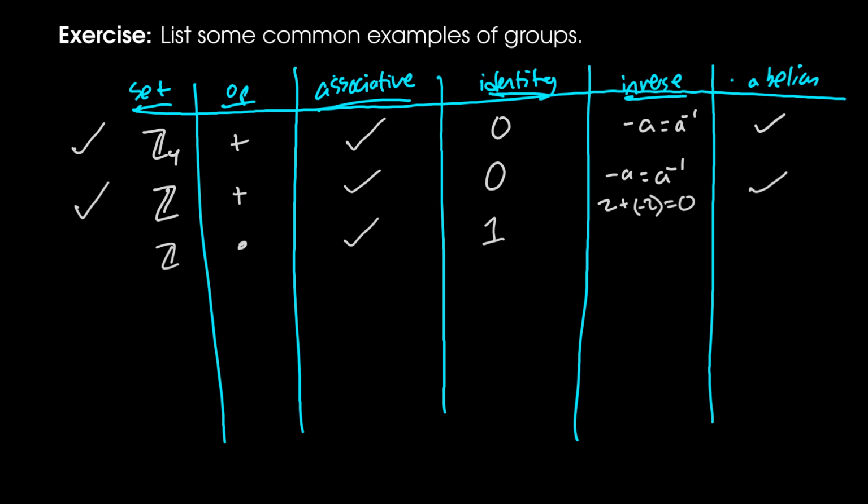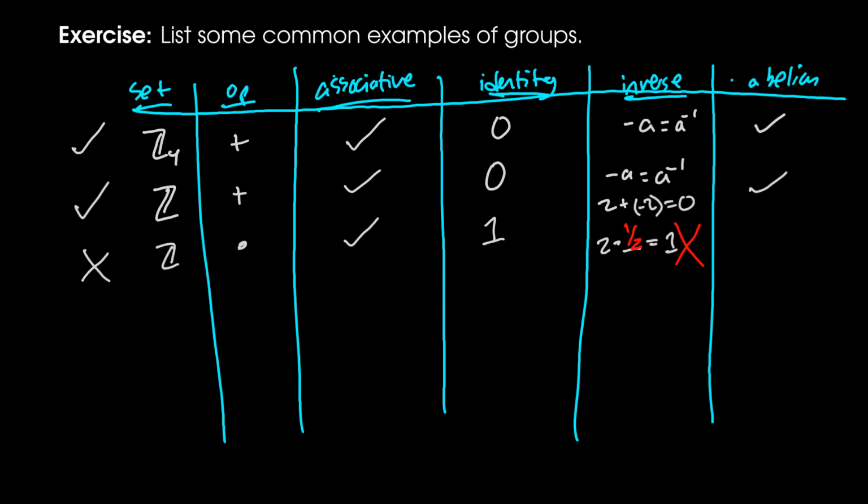However, let's think about inverses. 2 times what would give me back 1? 2 times 1/2 gives me back 1. However, 1/2 is not an integer. So we fail on the inverse property. We have no inverses with the integers with multiplication. If it were a group, it would be abelian, but it's not a group.